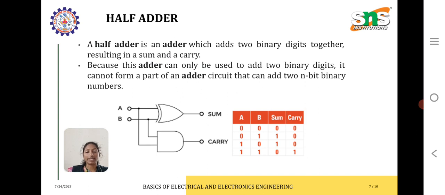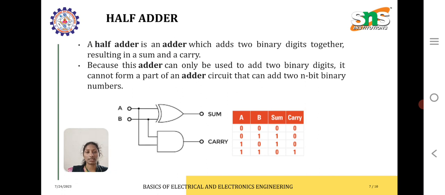A half adder is an adder which adds two binary digits together, resulting in a sum or a carry. Because this adder can be used only to add two binary digits, it cannot form part of an adder circuit that can add two n-bit binary numbers.